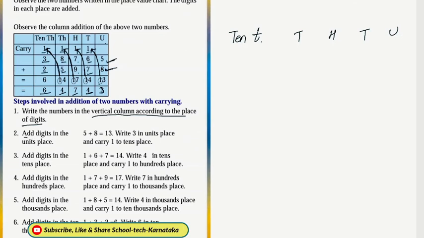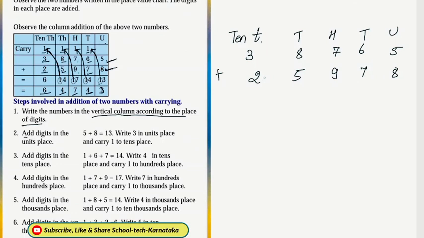So when we write these numbers according to the place of digits, we get 5, 6, 7, 8 and 3 plus the other number, 8, 7, 9, 5 and 2.